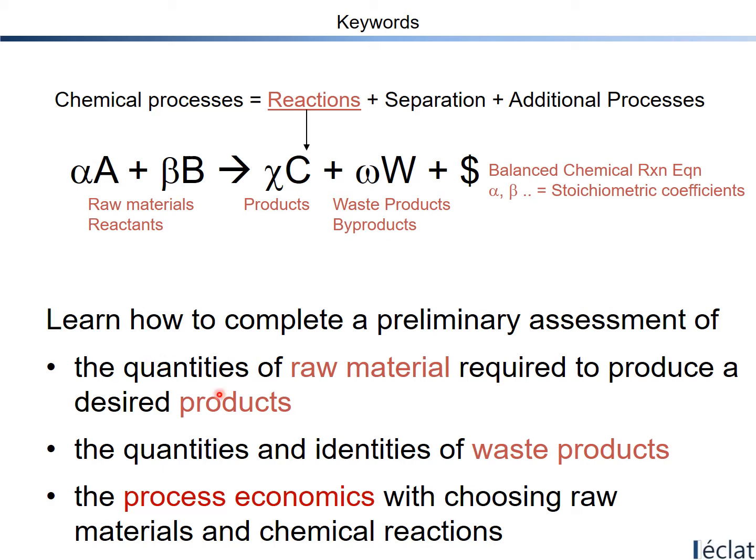The other thing is about the waste products, about the W, the quantities and also identities of waste products. And plus, we are going to the dollar. The process economics related to money with choosing raw materials and chemical reactions. Those are the keywords of this chapter 1.